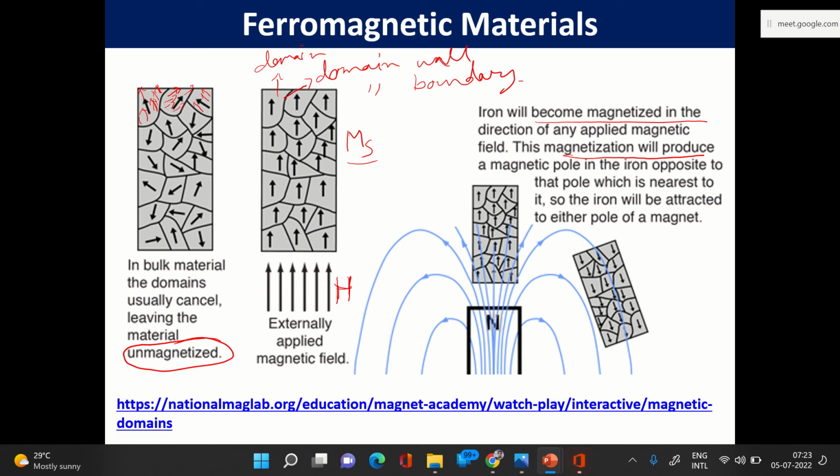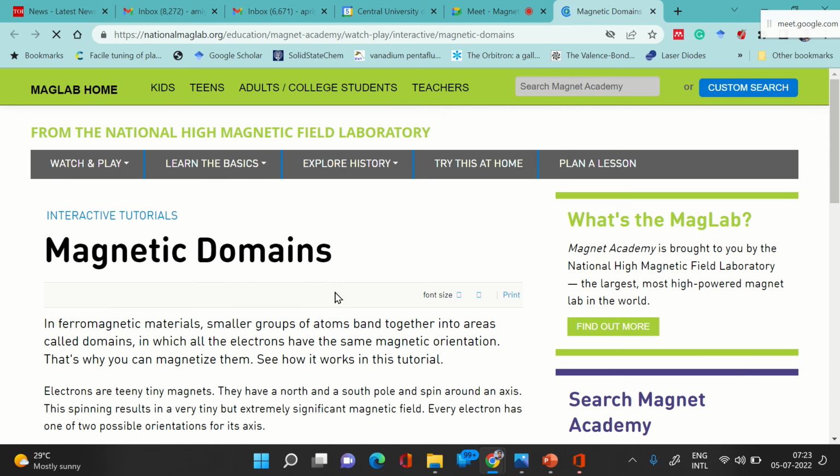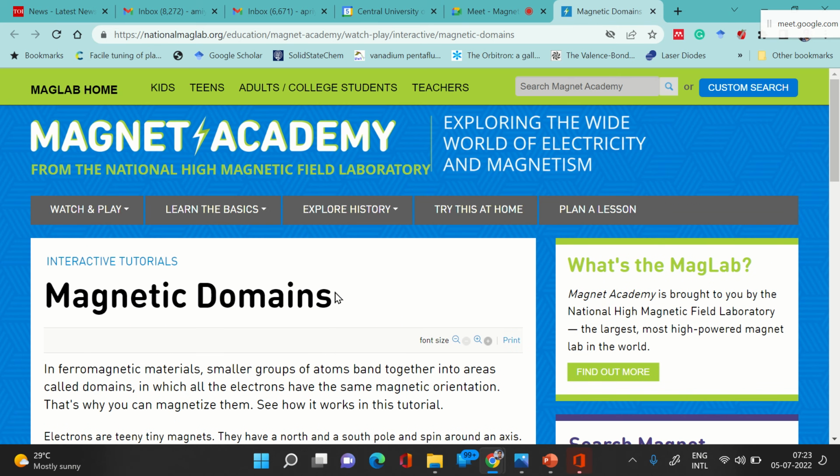And that gives an increase in the value of the overall magnetization. There is an animation that we can see. This is the National High Magnetic Field Laboratory in the USA.